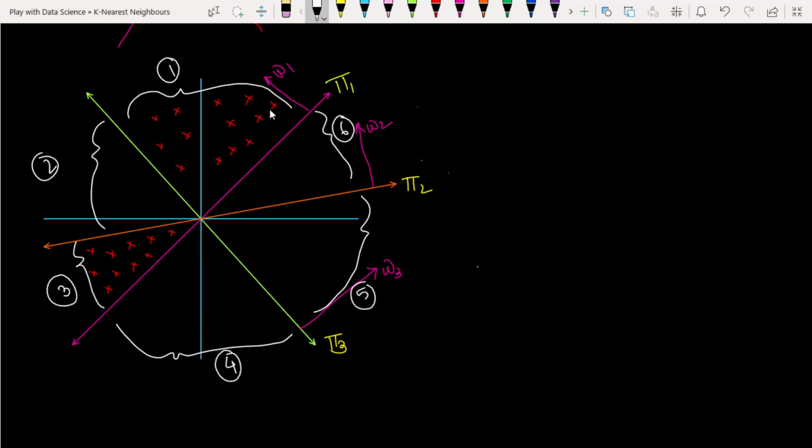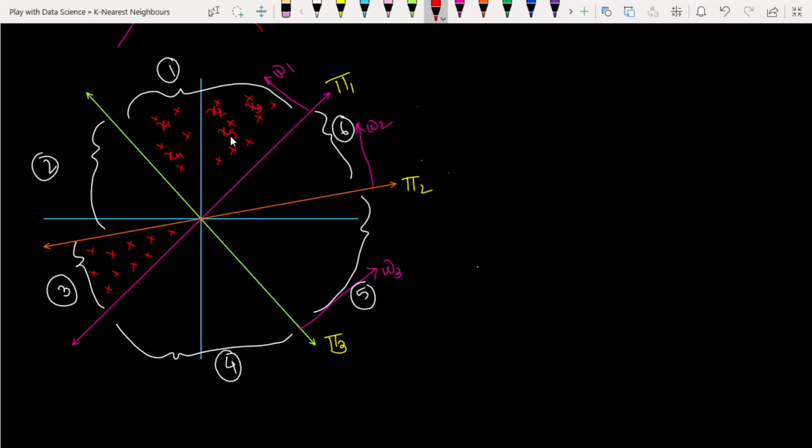Okay, let's see. Suppose, if we rename the points it will be better. Suppose our points in this cluster are x1, x2, x3, x4, x5.